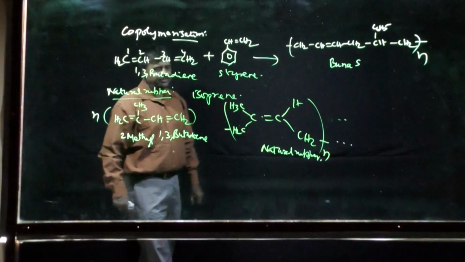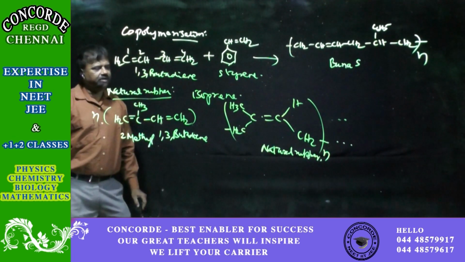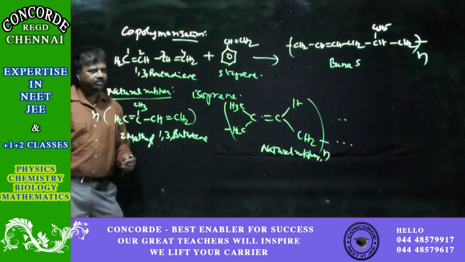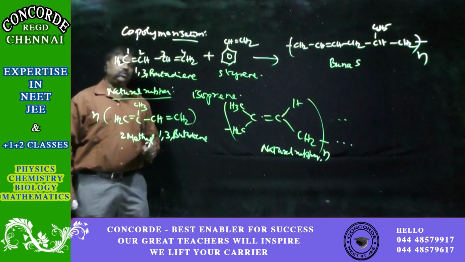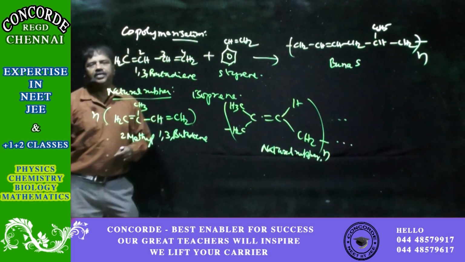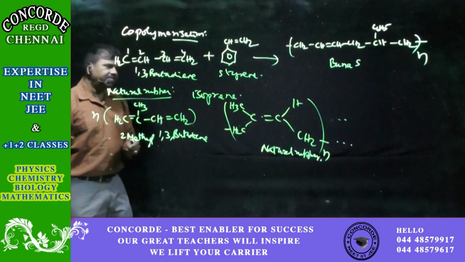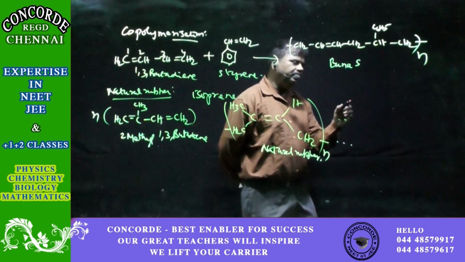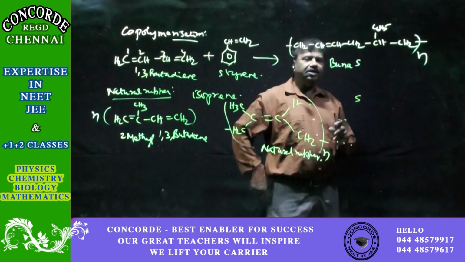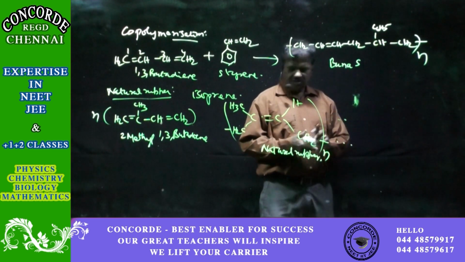Natural rubber no doubt has a very good elastic property, but when it comes to the tensile strength or the rigidity, it is much less. So to add to the tensile strength, they add sulfur. Sulfur cross-linkings are made to the rubber. That is called the vulcanization of rubber.